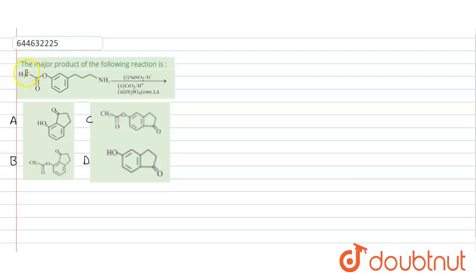Hello. Here we have been given a series of reactions, and we have to find the final product which would be formed. If we look at the first reagent, NaNO2 in acidic medium, this is nitrous acid, and it reacts with amines, in this case a primary amine.